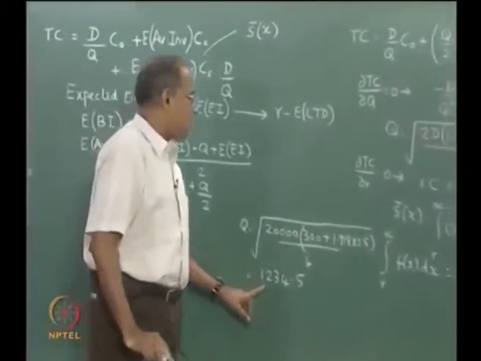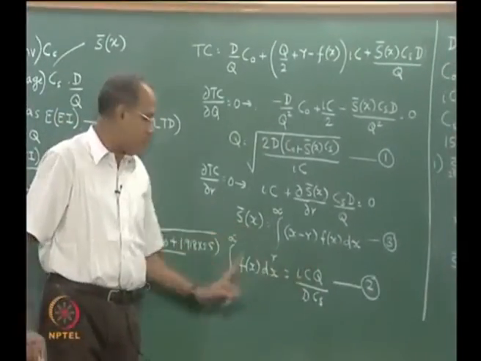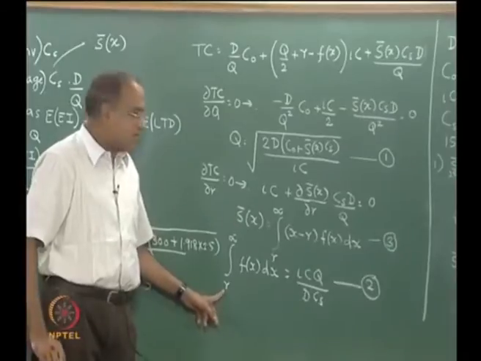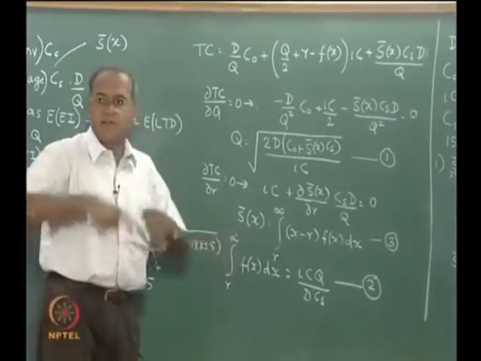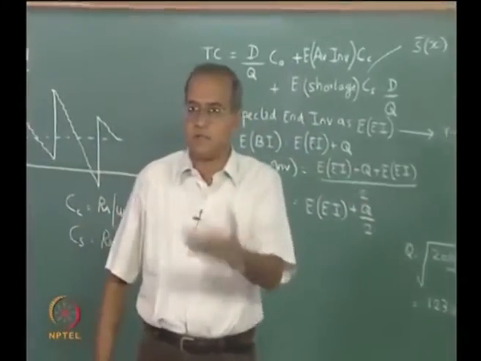Now, we can use this 1234.5 in this equation and compute R again, and once again use this R to compute S bar of x, and keep iterating till the values of Q, R and S bar of x converge.